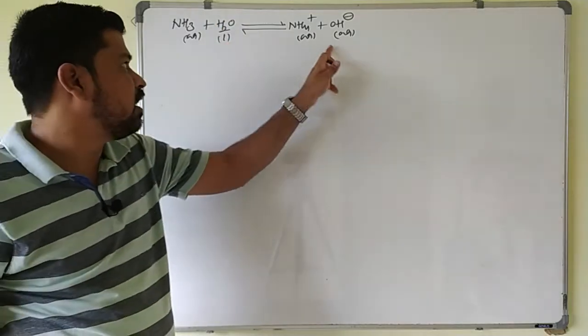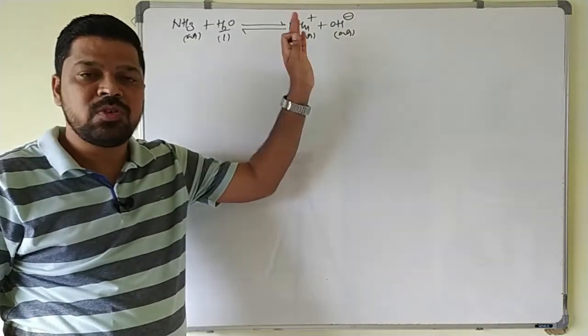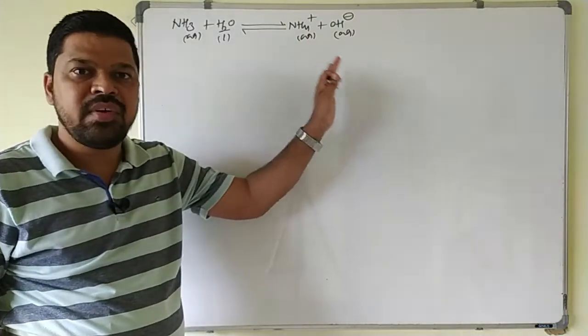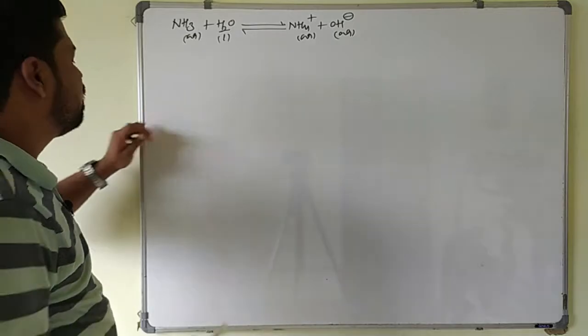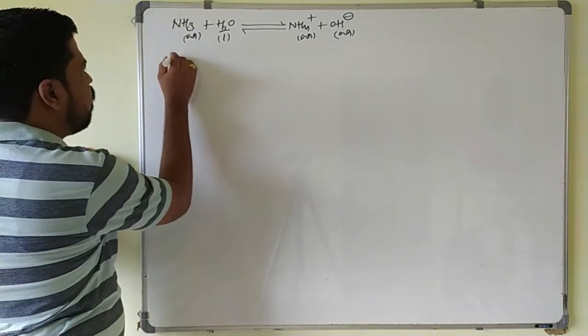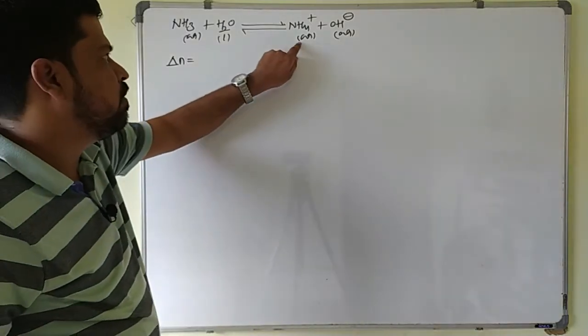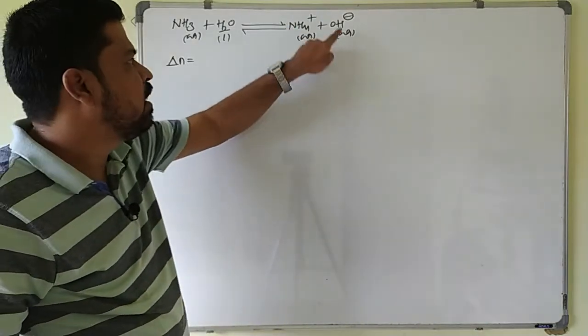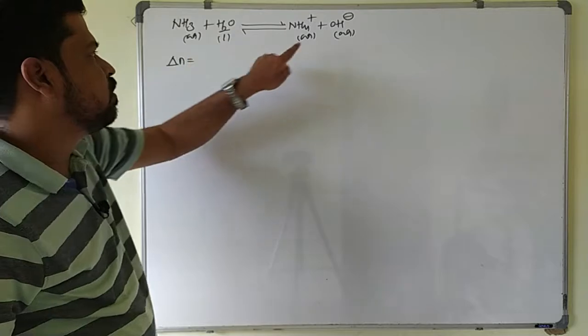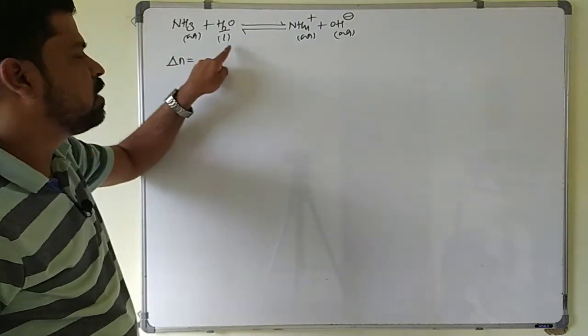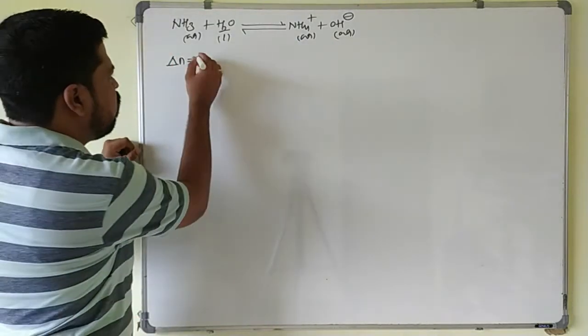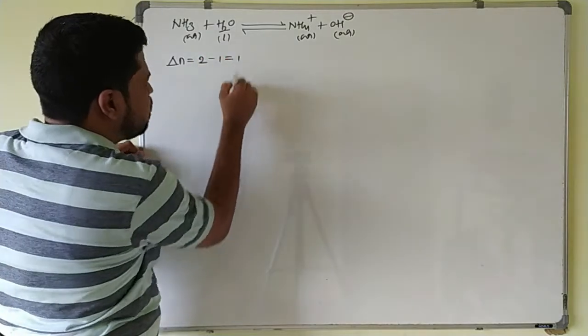Now in this reaction you see here, all are present in the liquid system, so it is a homogeneous liquid system. In this case, the delta n value is calculated with respect to the number of moles present in the aqueous medium. So 2 moles minus 1 mole; water should not be considered here. So 2 minus 1 is 1.